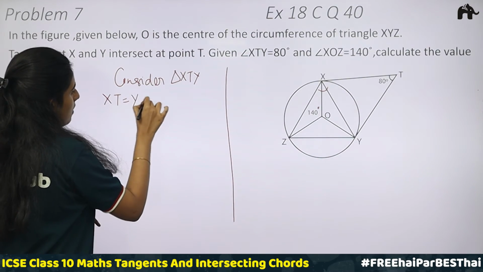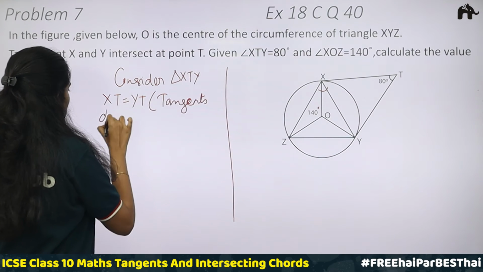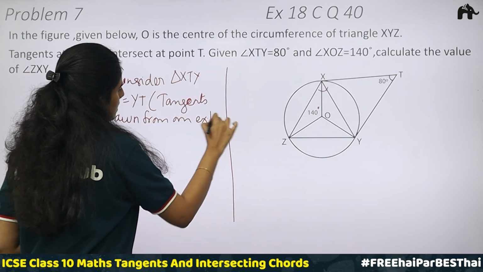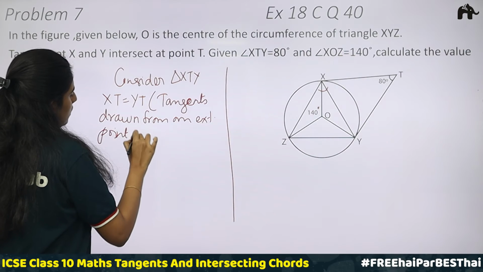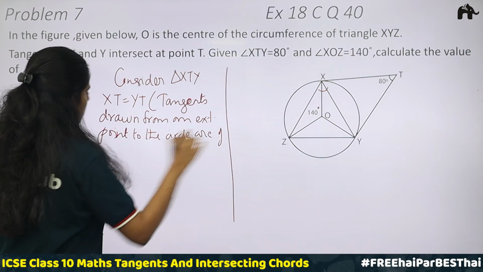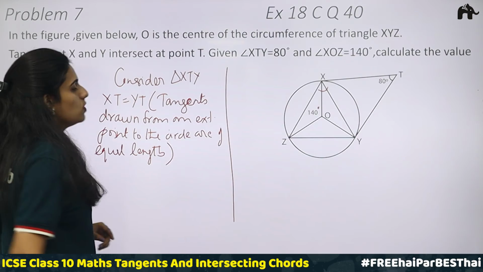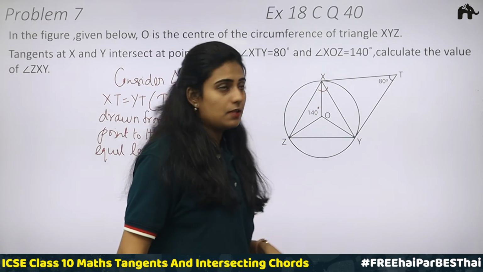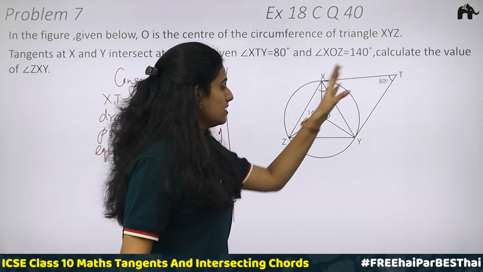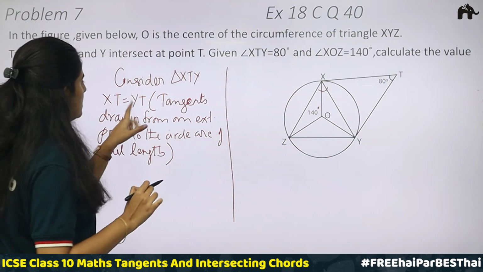Tangents drawn from an exterior point to the circle are of equal length. Here T is an exterior point. XT and YT are tangents drawn from this exterior point to the circle. They will be of equal length. We got XT equal to YT.